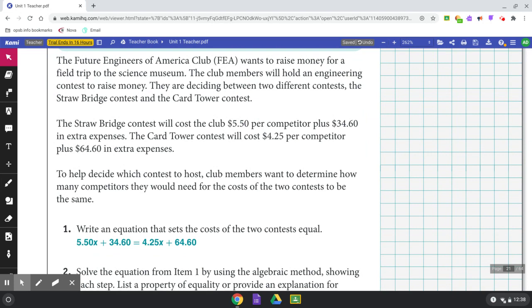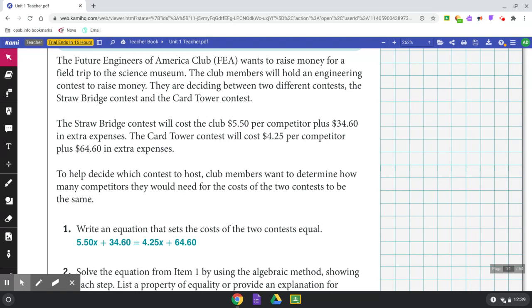The Future Engineers of America Club, FEA, wants to raise money for a field trip to the Science Museum. The club members will hold an engineering contest to raise money. They are deciding between two different contests, the Straw Bridge contest and the Card Tower contest. The Straw Bridge contest will cost the club $5.50 per competitor plus $34.60 in extra expenses.